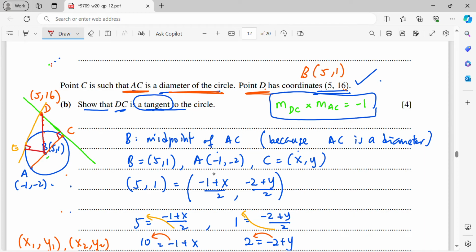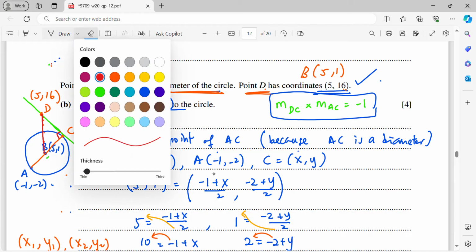My diagram is not very accurate. For your information, let me redraw. It should be just touches, so probably it is over here.